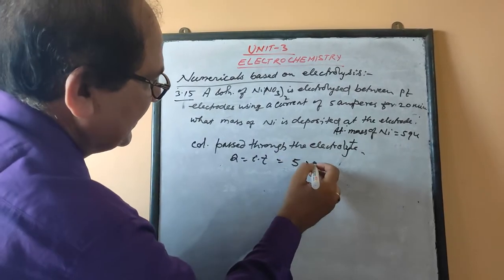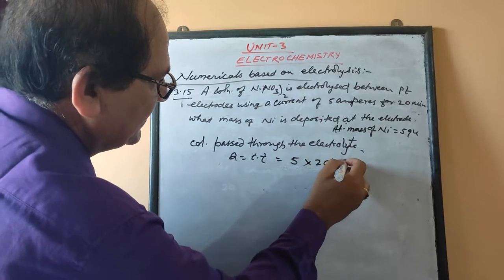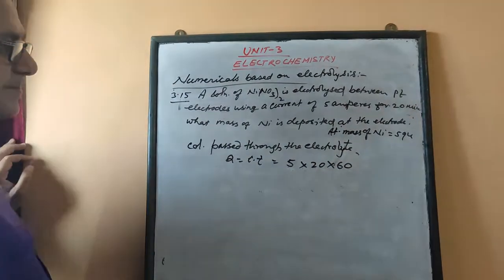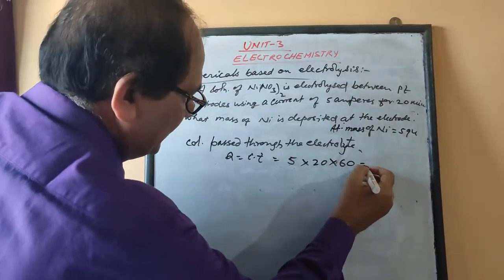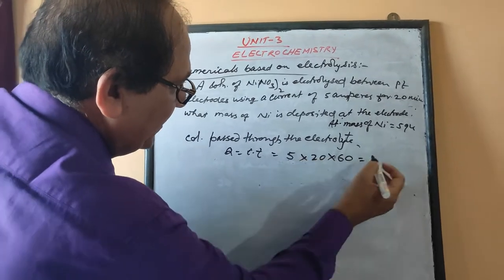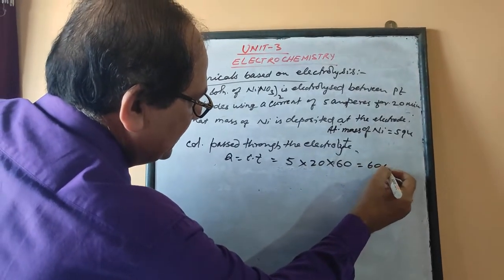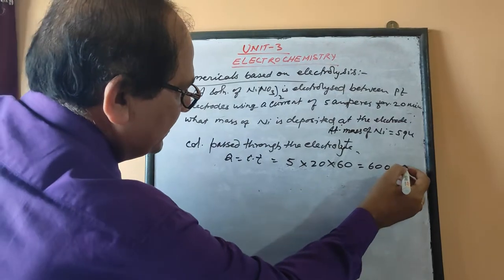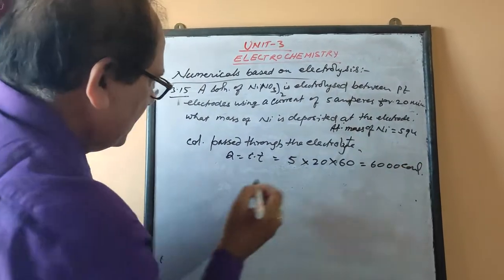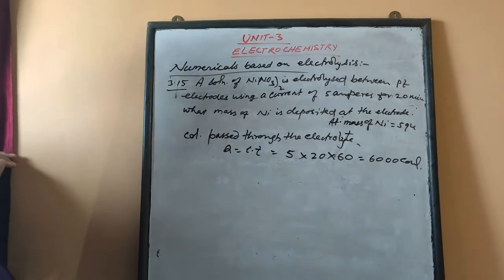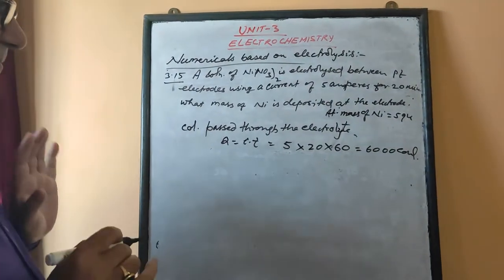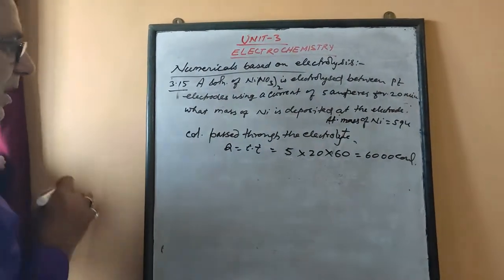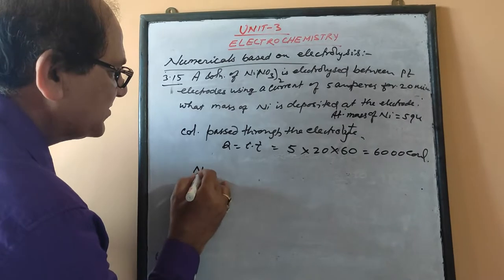That t should be in seconds, so this is 20 minutes and this is 60. Its value will be 5 into 20 into 60, which is 6000 Coulomb. Okay?